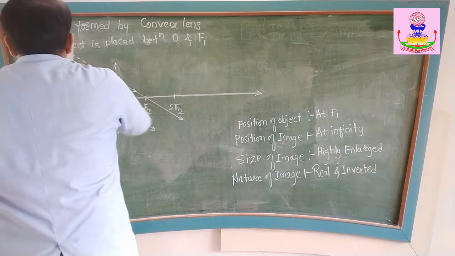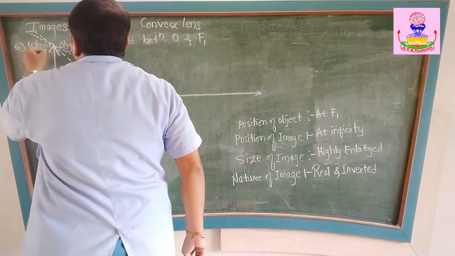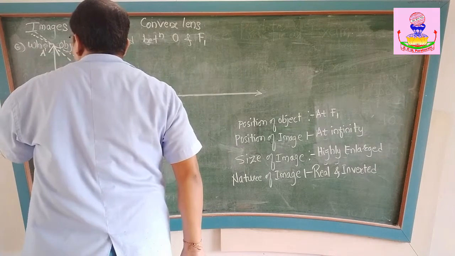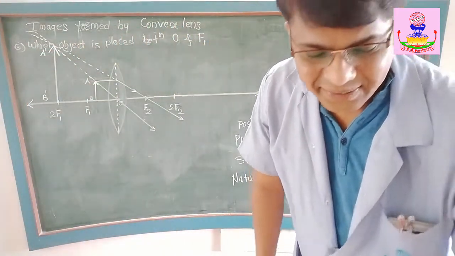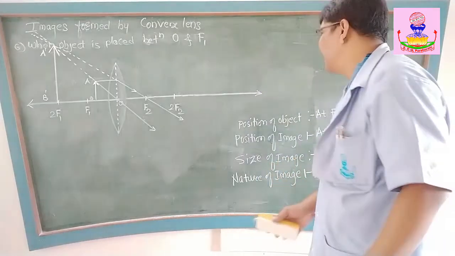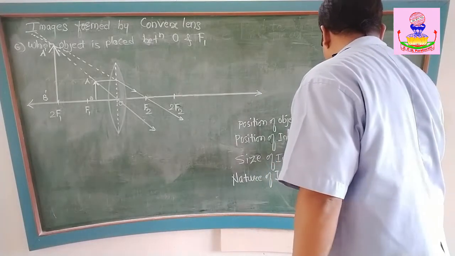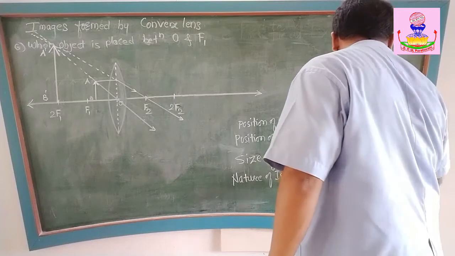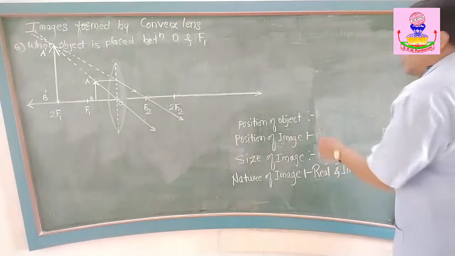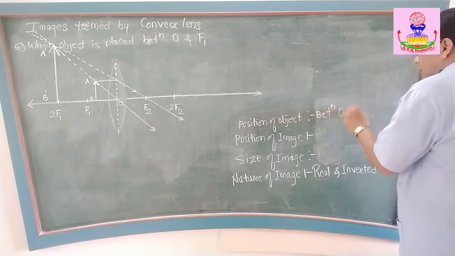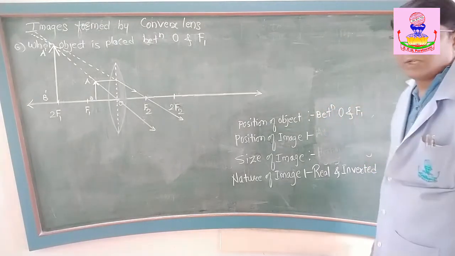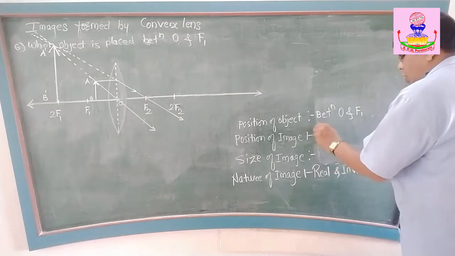Now I will draw that. See the arrowhead. This is A dash, B dash. How is it? Yes, the image is erect. Right. Now one thing I will tell you. Position of object between optical center and F1.